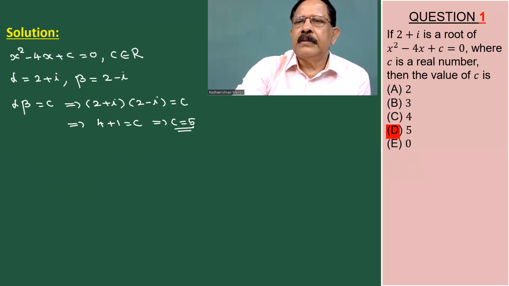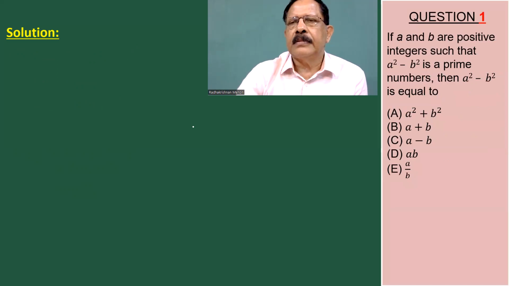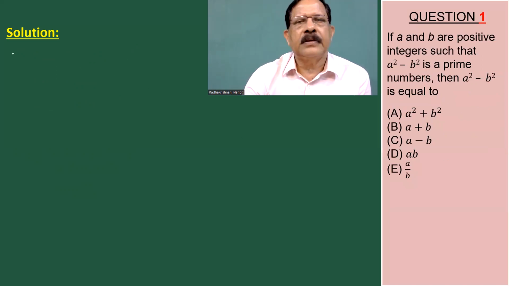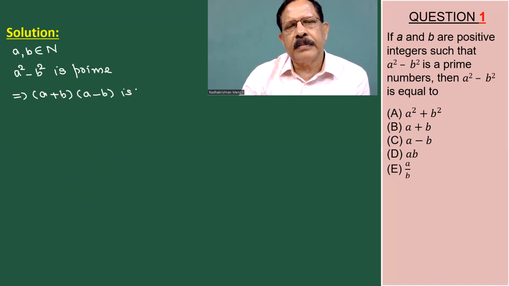Okay. Now, in 2019, 6 questions were asked. Now, the first question. A and B are positive integers, that means they are natural numbers. A squared minus B squared is prime. A squared minus B squared is A plus B into A minus B, which is prime.